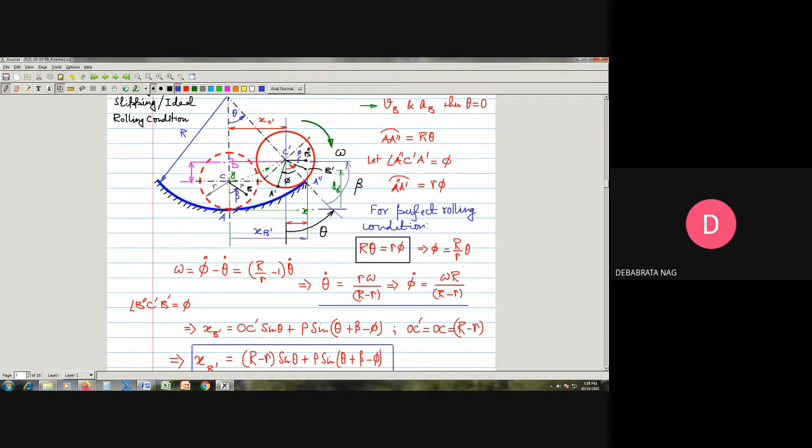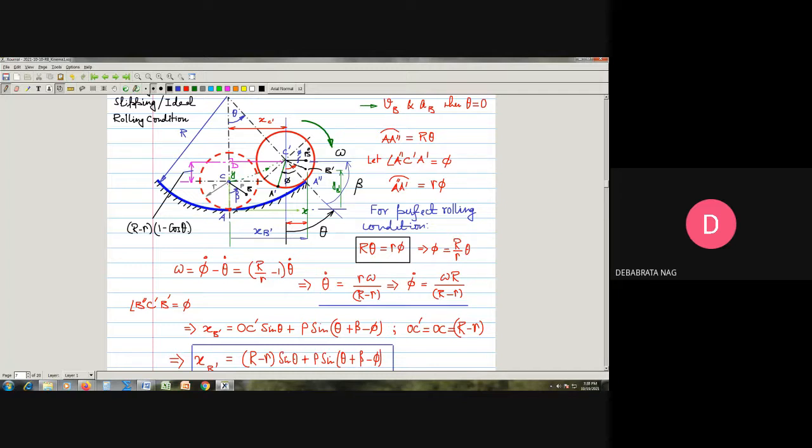So that is going to be this relative height, this pink dimension. This pink dimension is equal to capital R minus small r whole into 1 minus cos theta.